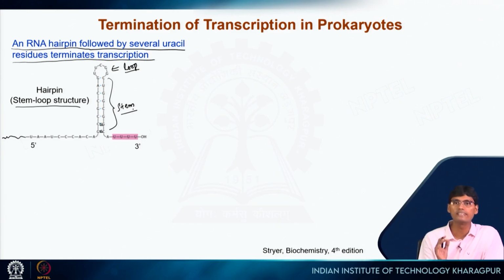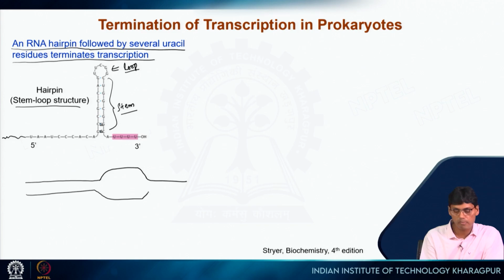Mechanically, it will inhibit the progression of RNA polymerase through the gene. If I try to show it here, the transcription is happening here. This is 5', 3', 3', 5' of DNA, and RNA is being synthesized.